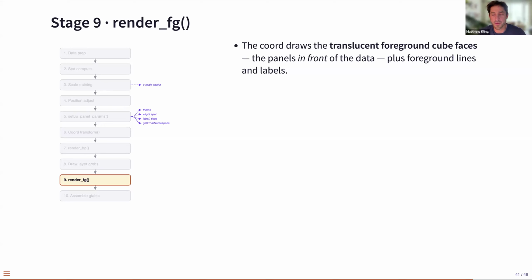And I wanted the user to be able to specify that they wanted the foreground panels to have a given opacity so you can see through the panels to see the data. And so I masked that with my own version of element rect that allows the user to set the opacity or the transparency on that.